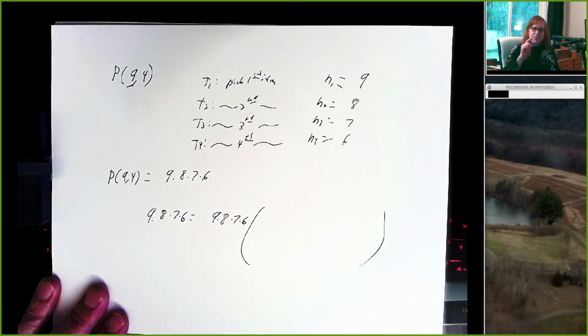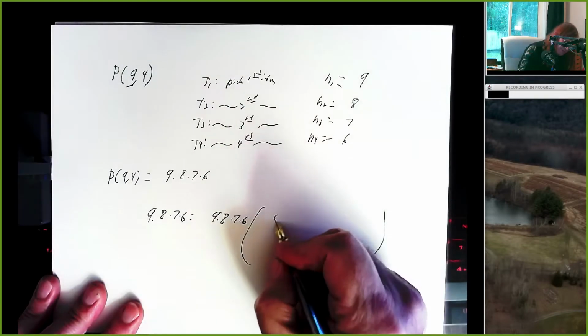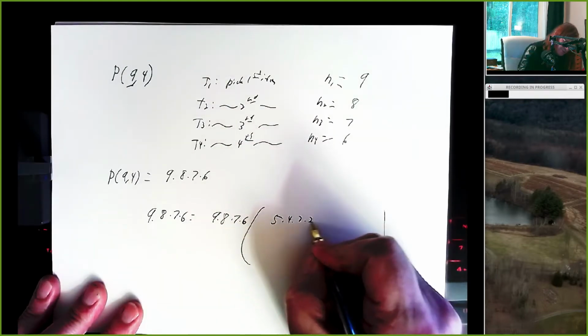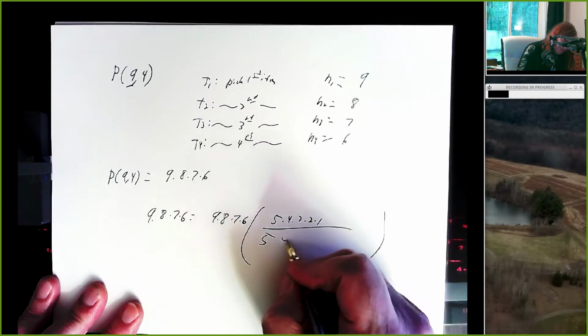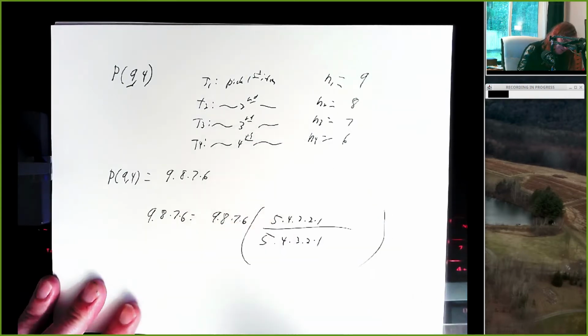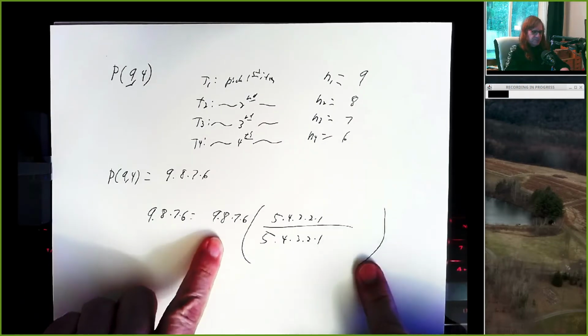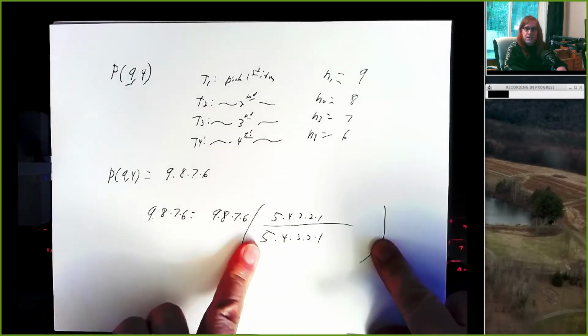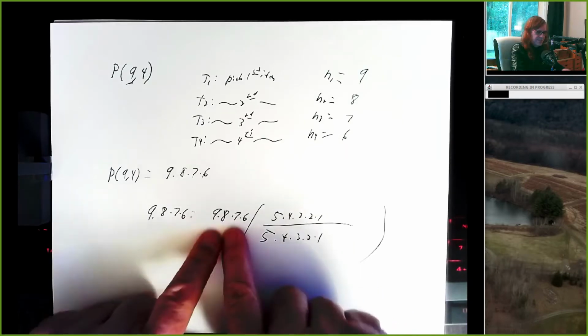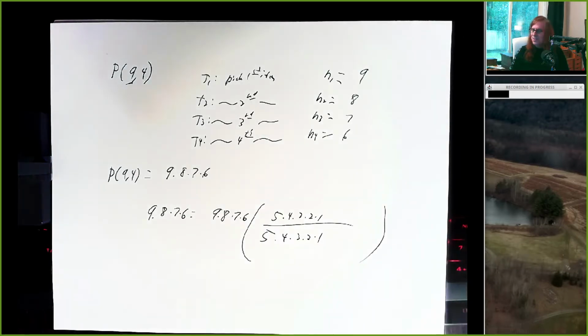But we're going to do a particular version of 1. I'm going to multiply this by 5 times 4 times 3 times 2 times 1, divided by 5 times 4 times 3 times 2 times 1. Now everybody agrees this is equal to this, right? Because the thing in parentheses is just 1, and this is exactly the same as that.